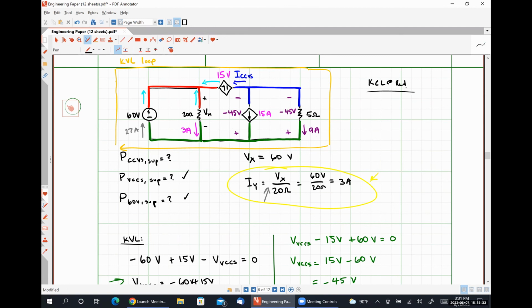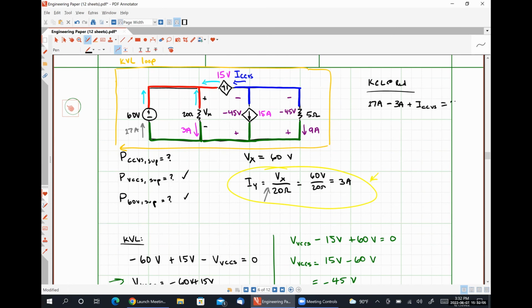So the current flowing up through the 60-volt source is 27 amps. The current flowing up through the 20 ohm resistor is -3 amps. And the current flowing from right to left through the dependent voltage source is ICCVS.